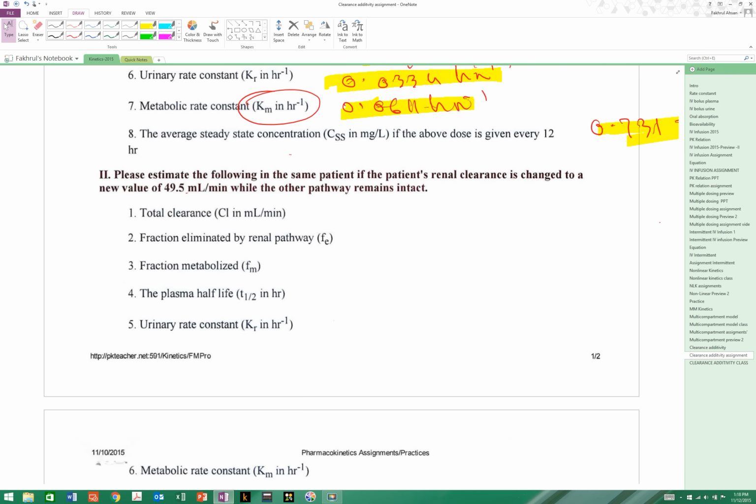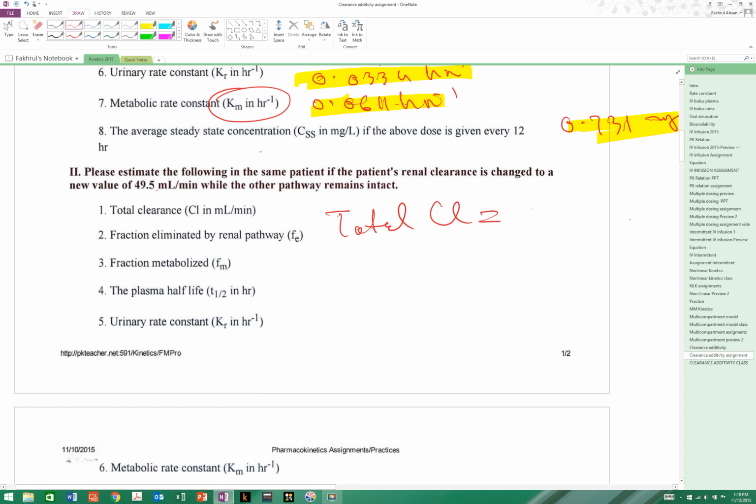Now let's do some more calculation. We know total clearance, total CL, is equal to CLH plus CLR.